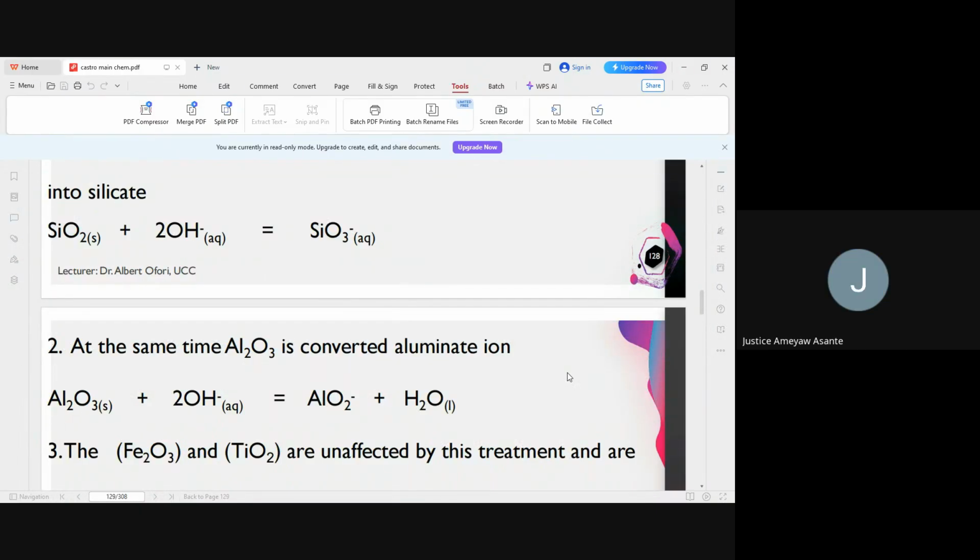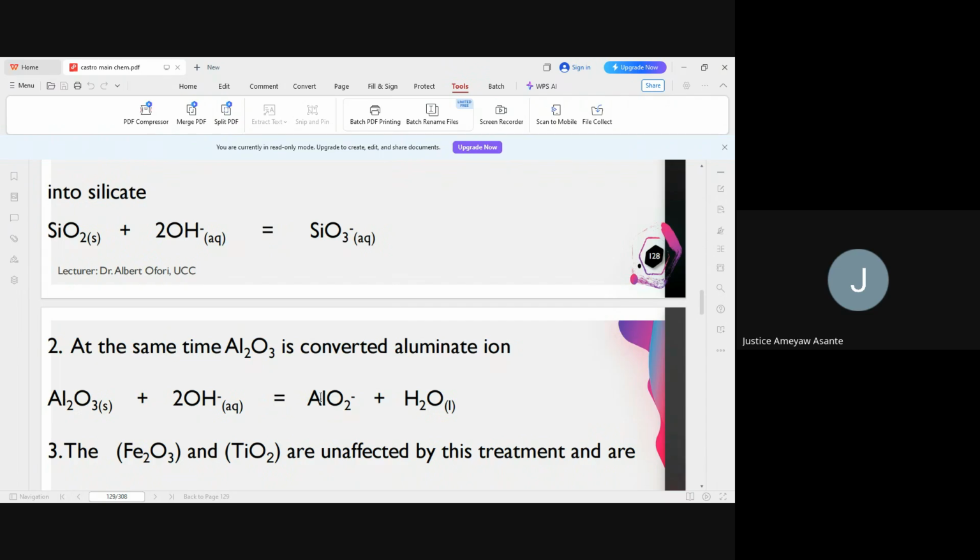At the same time, aluminum oxide is converted to aluminate. Remember, in the bauxite, we have aluminum oxide also there. So when you add the sodium hydroxide to the crushed form of the bauxite, all the silica in it will be converted to silicates, and the aluminum oxide in it will be converted to what we call aluminate, because the OH will react with it.